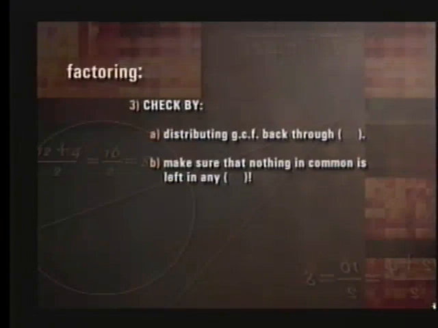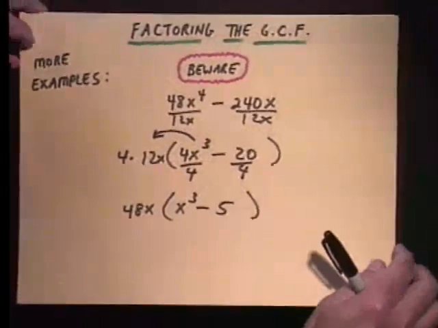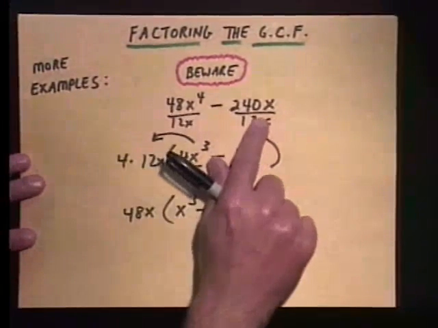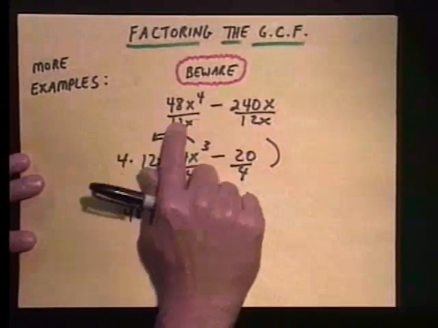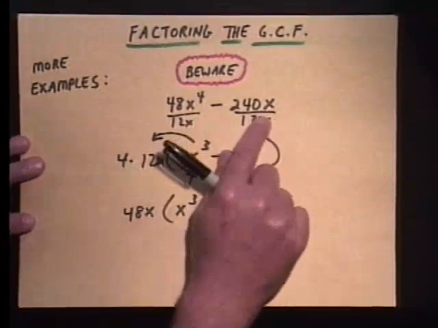So let's go back to the example I finished up with at the end of the last episode here. We had a real nasty one with 48 and 240 in there, and we were thinking about numbers that would go in here, and we said, well, what if we didn't get it all? What if we missed part of it?